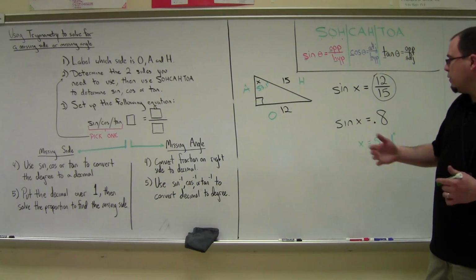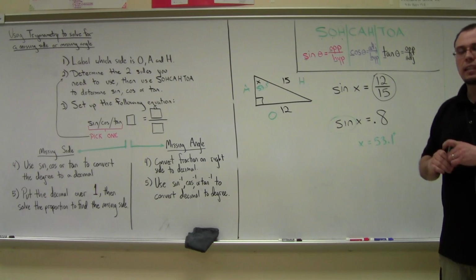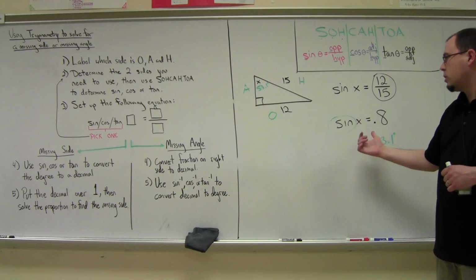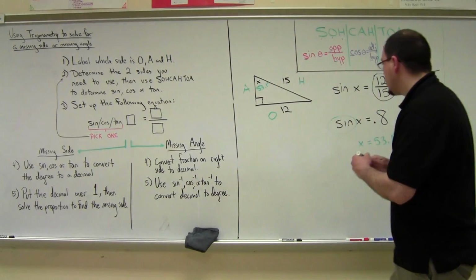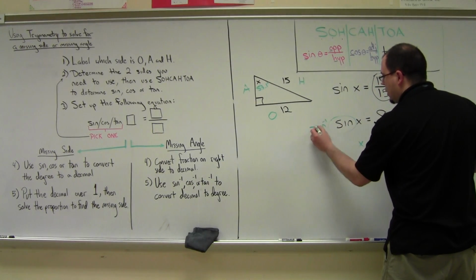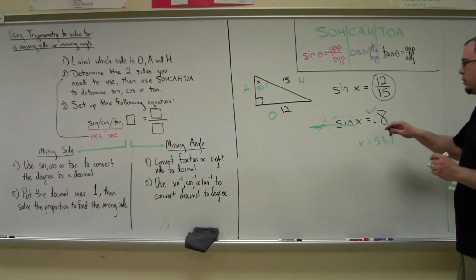The reason we take the inverse of sine is because we're trying to undo this, right? Sine of x converts a degree to a decimal. We're going back, from decimal to a degree, so we're getting rid of that. When you do it to both sides, whenever you take an inverse of anything, it'll cancel out, so you would do the same thing here. We're taking the inverse of sine.